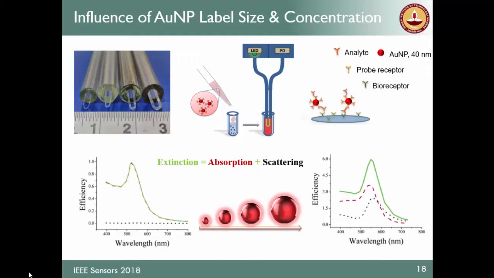We did the same assay, but this time we wanted to look at the effect of the particle size of the label. If you look at 20 nanometers, you have mostly absorption. If you look at 80 nanometers, you have a lot of scattering contributing. These probes are sensitive to absorption more than scattering. So we took 20, 40, 60, and 80. The extinction coefficient here is 10 to the 9, 10 to the 10, 10 to the 11 per molar per centimeter.